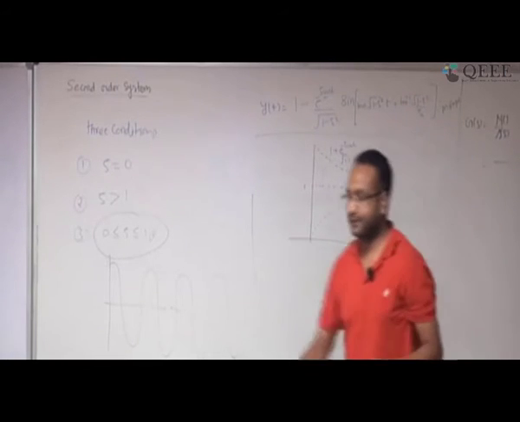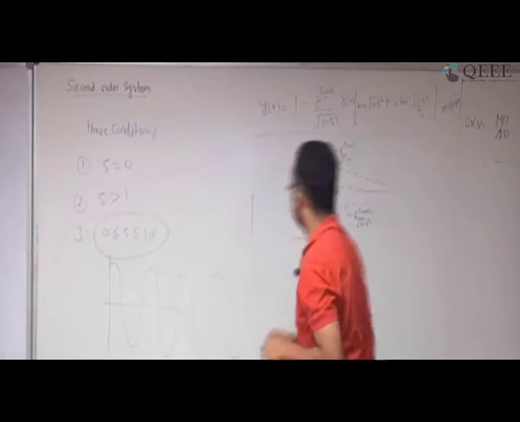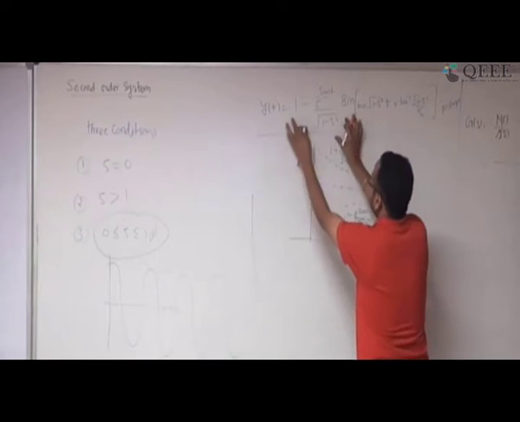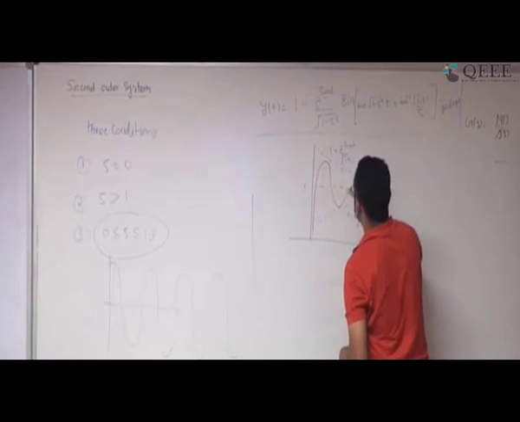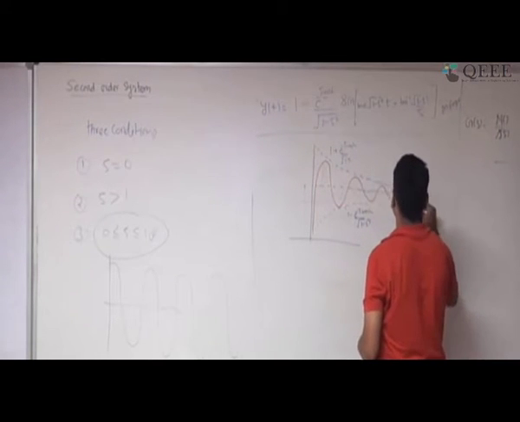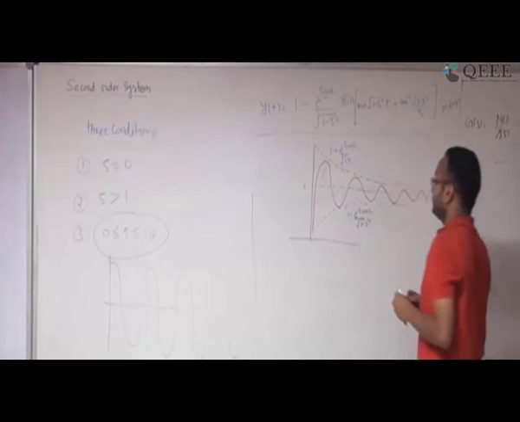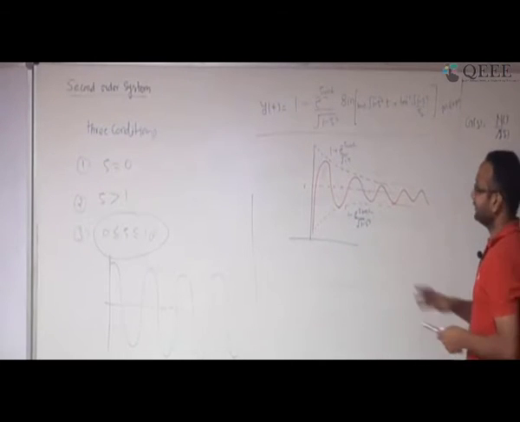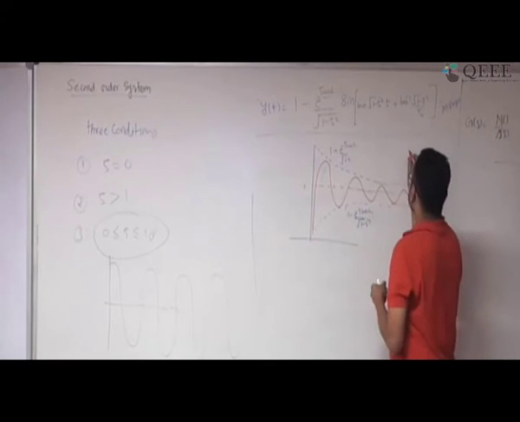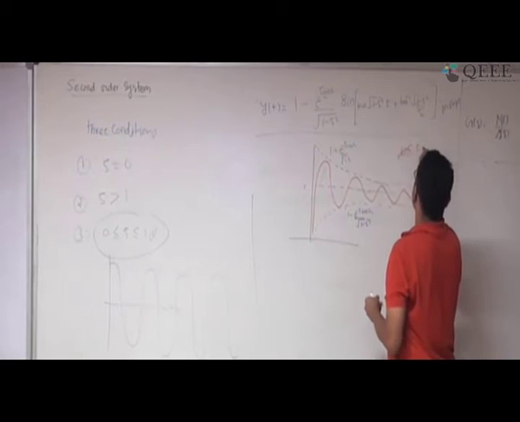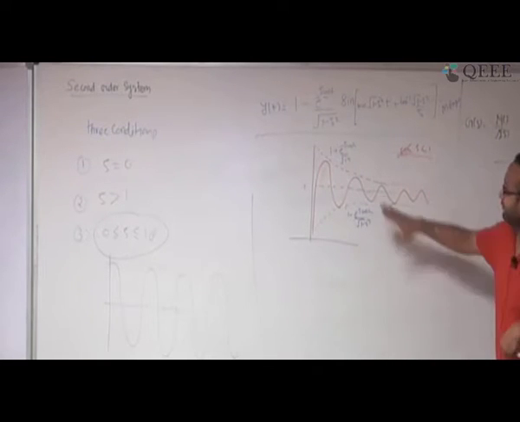So your response of the system, because this is the envelope and the sinusoid is inside it, will be something like this. This part is clear, what I am trying to explain is the phenomenon when you use zeta between 0 and 1.